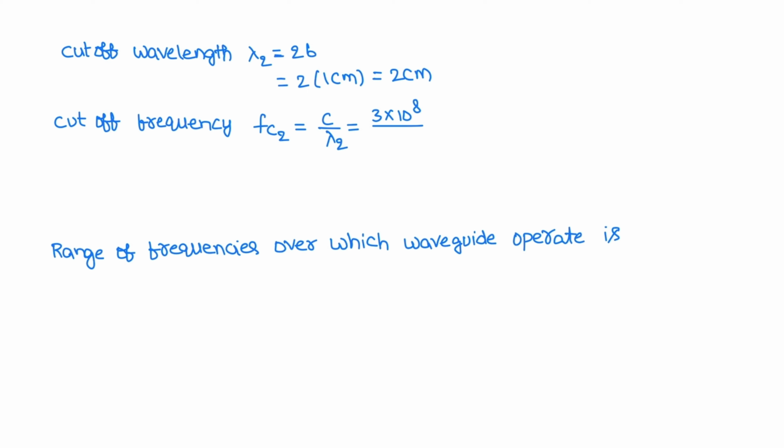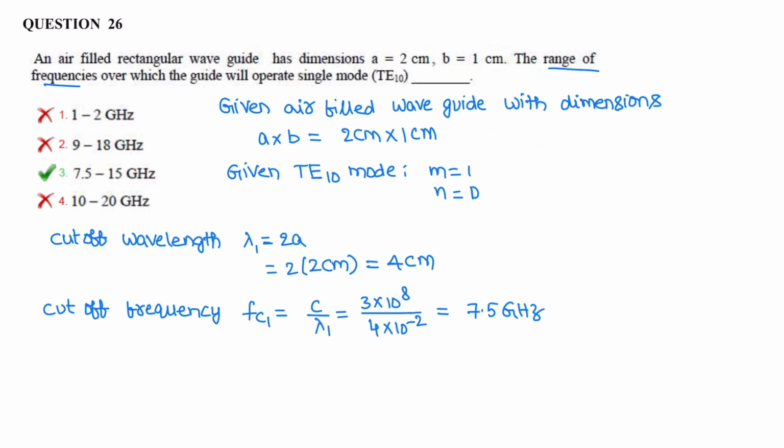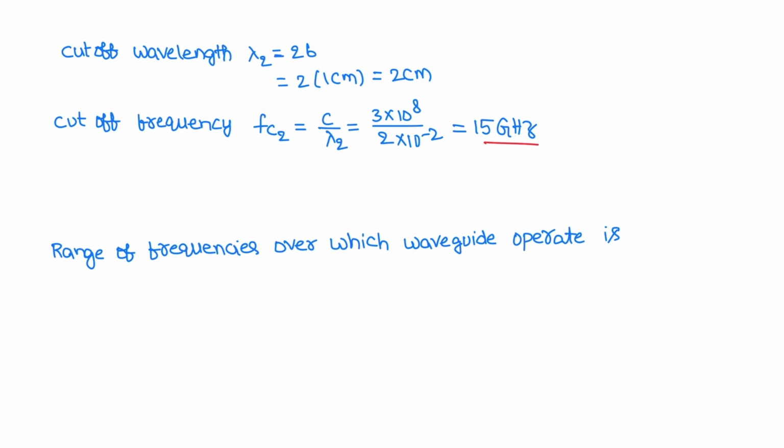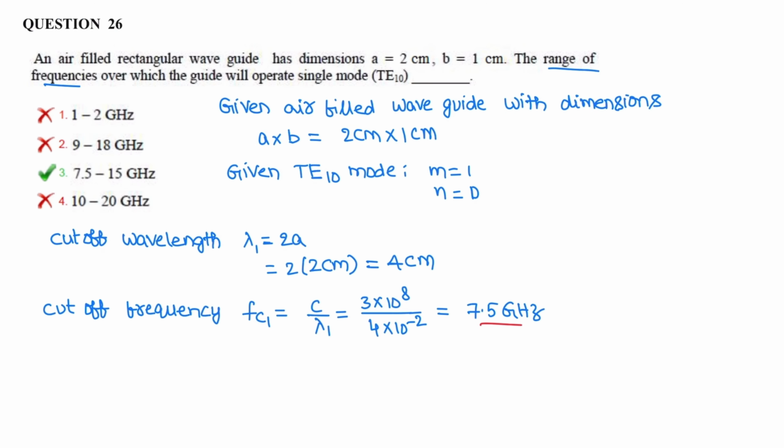So 2b is 2 centimeter. Cutoff frequency FC2 is 3 into 10 power 8 by 2 into 10 power minus 2. So it is 15 gigahertz. Now the range of frequencies is from 7.5 gigahertz to 15 gigahertz. So the range of frequencies over which the waveguide operates is 7.5 gigahertz to 15 gigahertz. So the correct answer is option 3.